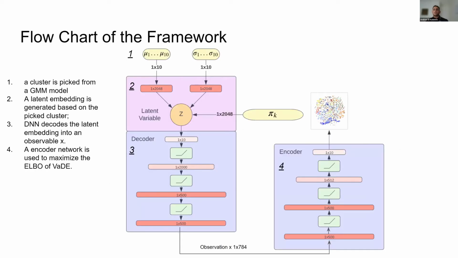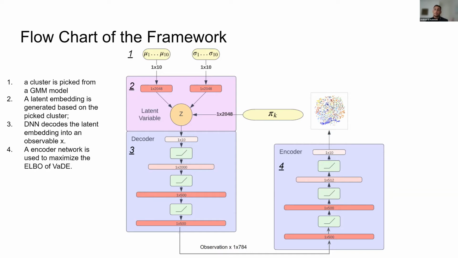And so here's a flowchart of the framework. First, we pick a cluster from our Gaussian mixture model, and that would describe the mean and the standard deviation of that cluster. Then we generate a latent embedding, where pi sub k is the probability that we choose the cluster. The latent variable is a learnable parameter.